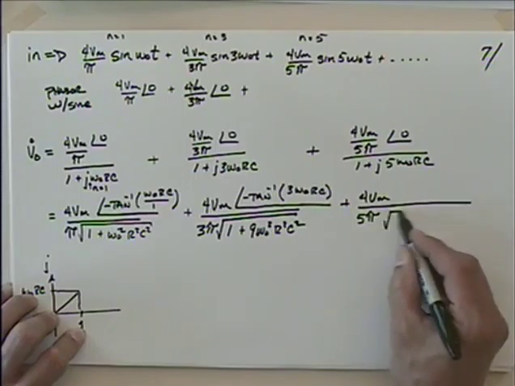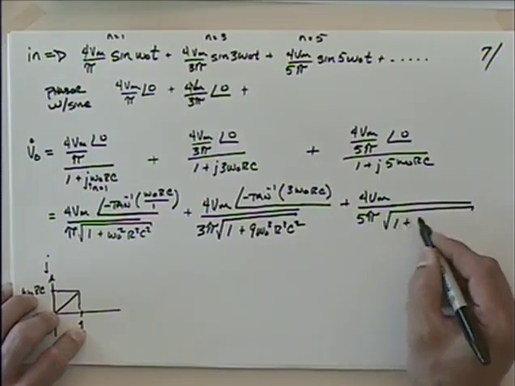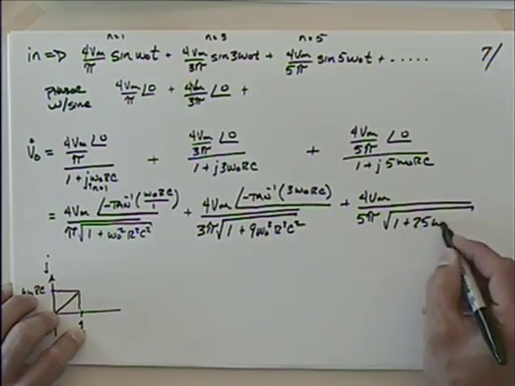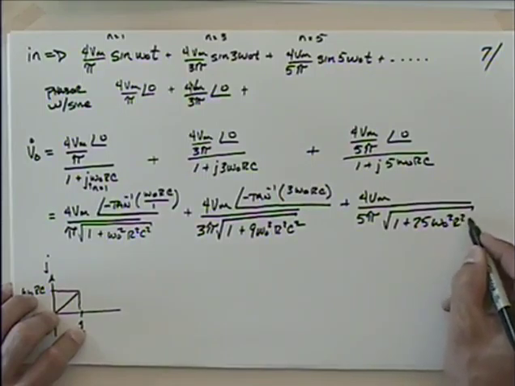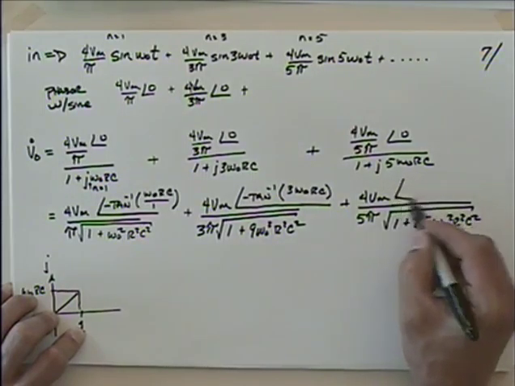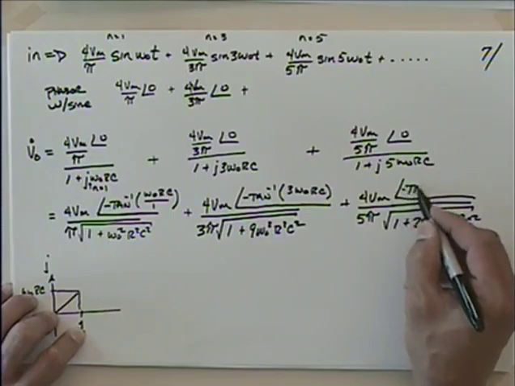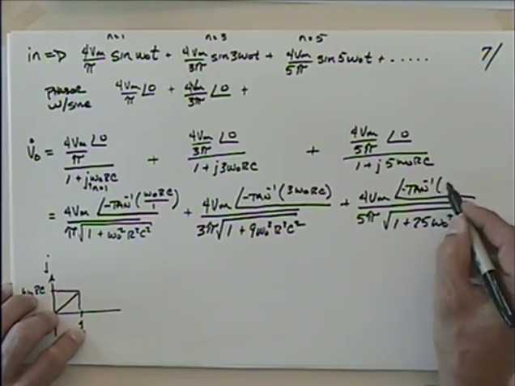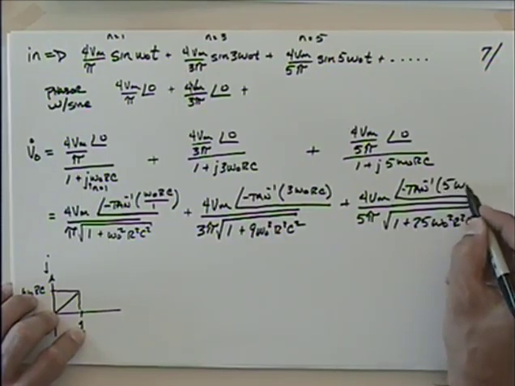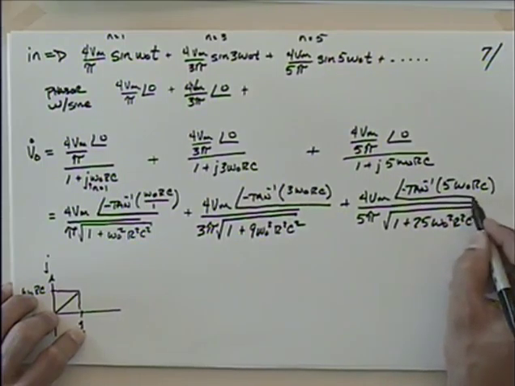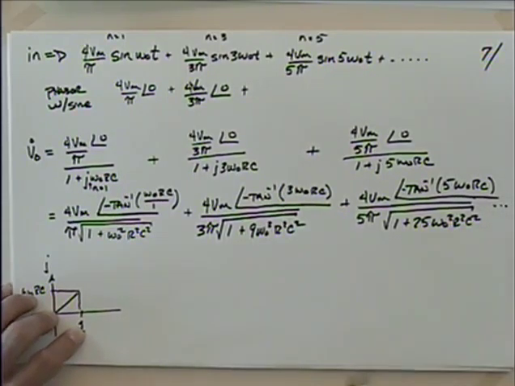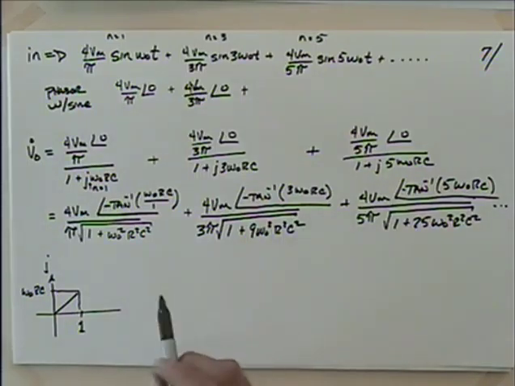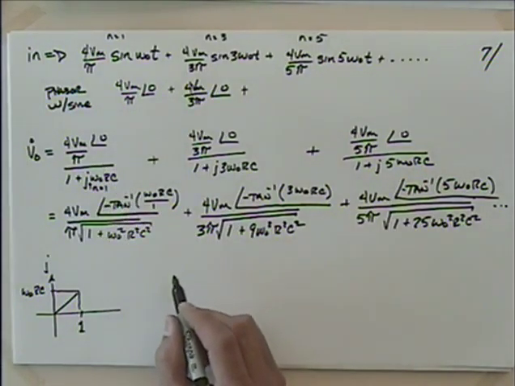I'm going to have the square root of 1 plus 25 omega naught squared r squared c squared, and we have then minus the arctangent of 5 omega naught RC. And of course this continues on. Once you get used to this, you probably can just do it with one term.